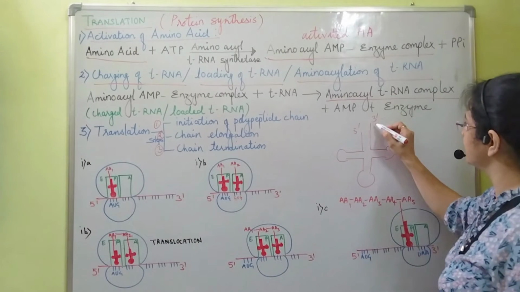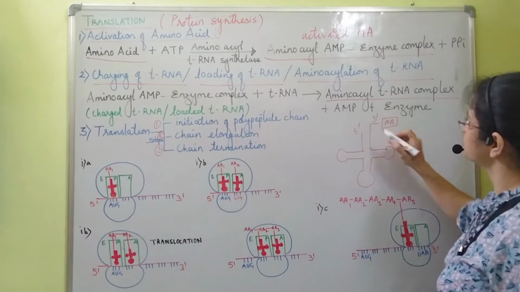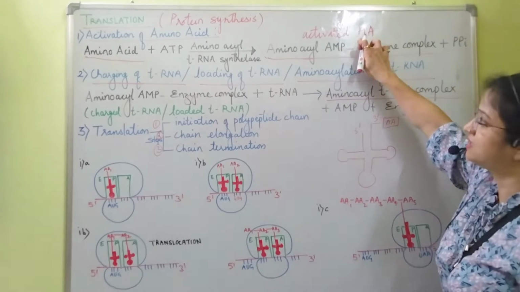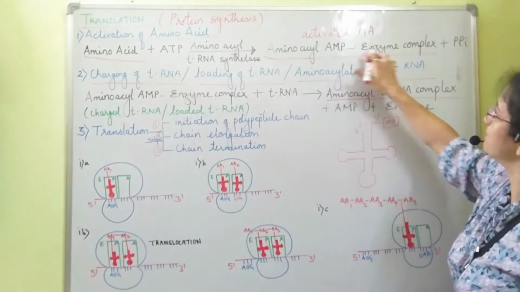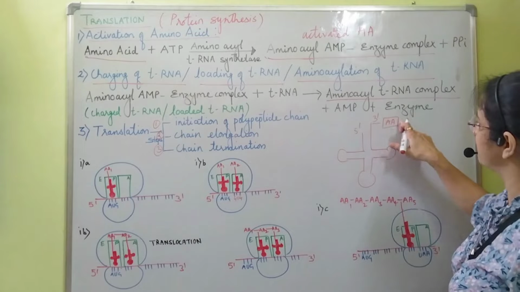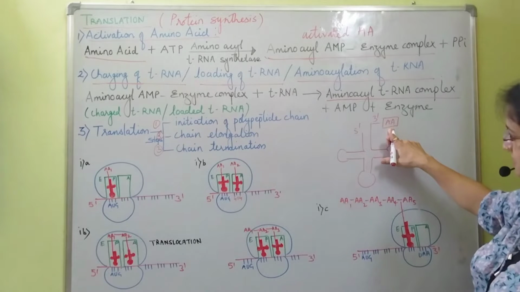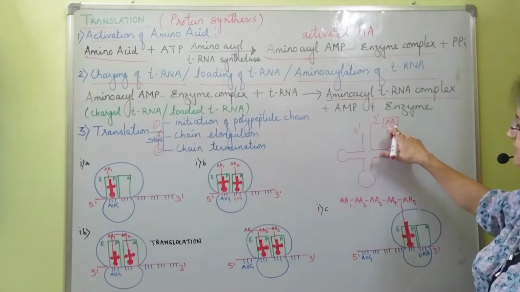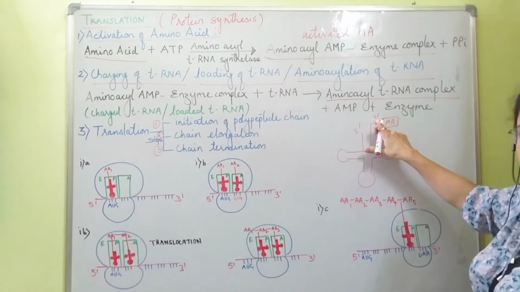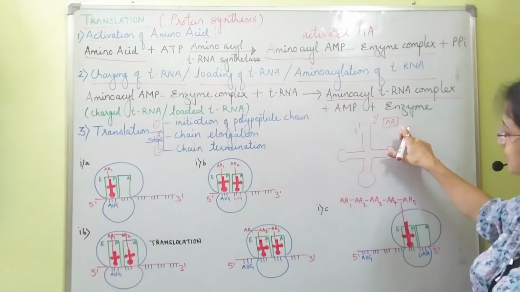The 3' end has the amino acid binding site. So the activated amino acid, that is amino acyl AMP enzyme complex, will bind where? It will bind to the 3' end. Clear? The activated amino acid will bind at the 3' end with its COOH group, that is carboxyl group.